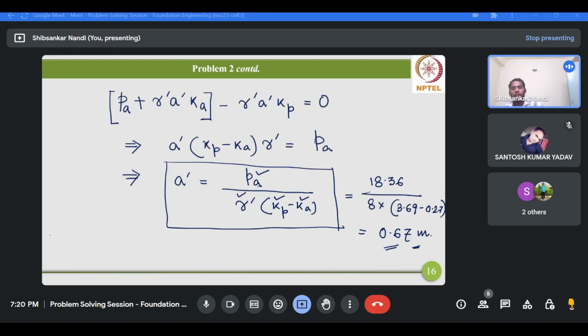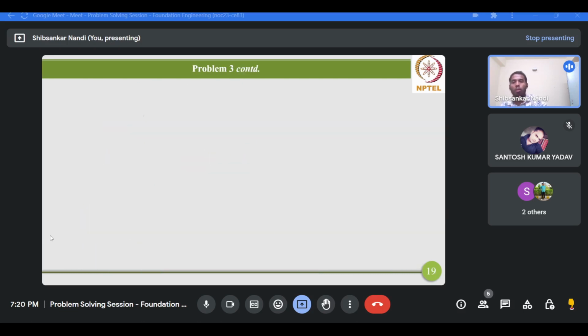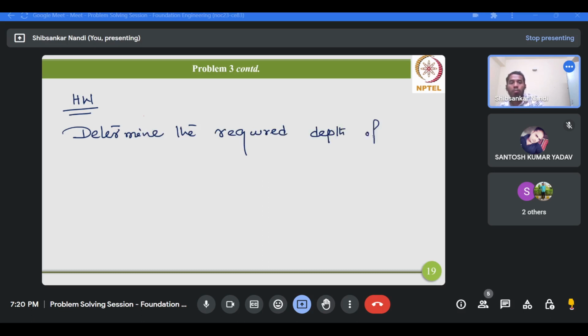So please take this part as homework: determine the required depth of embedment of the wall.